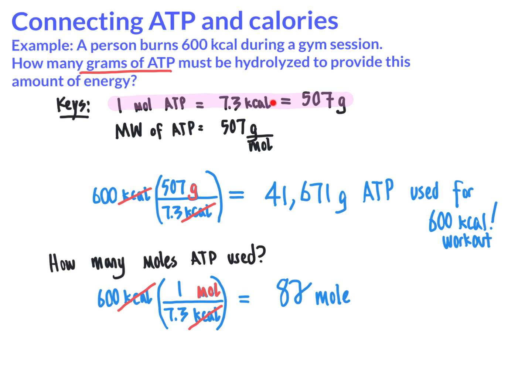Since all of these are equivalent, they can all be put into ratios which will equal 1/1 in all of these different cases. So we set up the equation so that numerator and denominator cancel out in each case, and the numerator on this portion of the equation represents whatever units you want your final answer to come out in. So you can follow this pattern each time and determine exactly how many grams of ATP are needed, how many moles are needed, or whatever the unknown is.